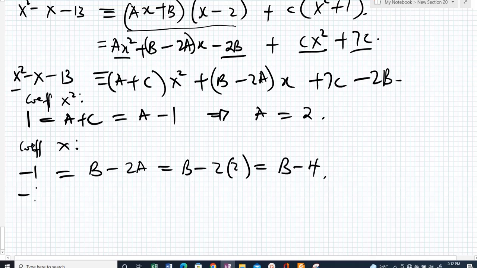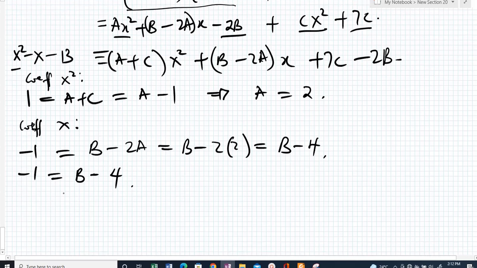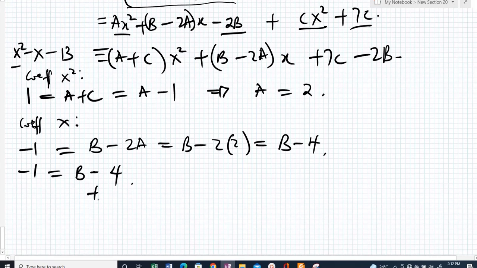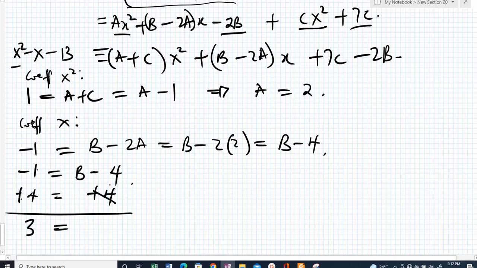Now you have minus 1 equal to b minus 4. So adding plus 4 to both sides of the equation, minus 1 plus 4 will give you plus 3. This will cancel out, you have b. So it implies that b is equal to 3.